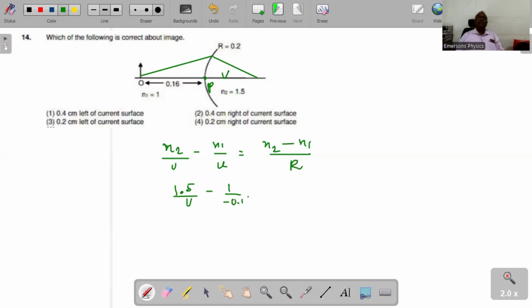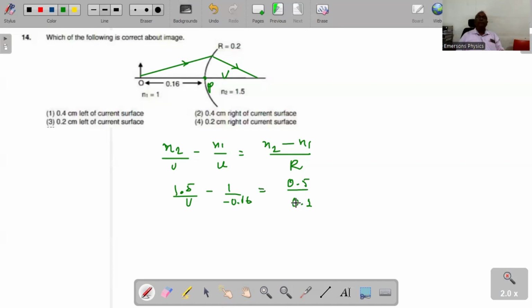This is the step we have substituted: minus 1.6, equal to 1.5 minus 1, which is 0.5, by the radius of curvature 0.2. The radius of curvature is positive, measured from the pole to the center of curvature along the incident ray.